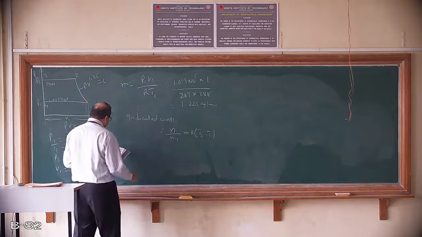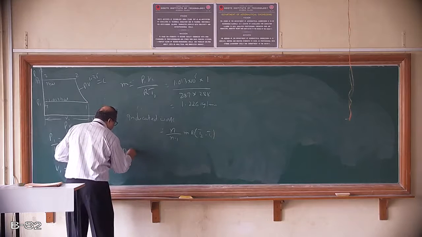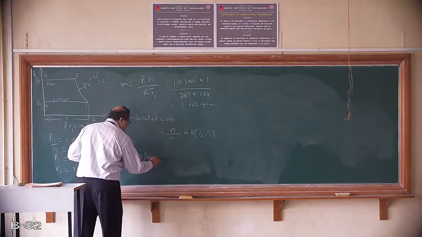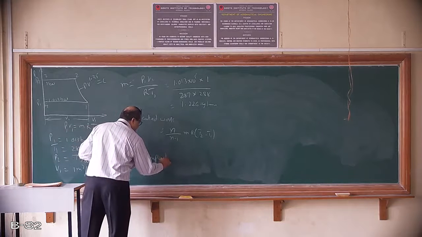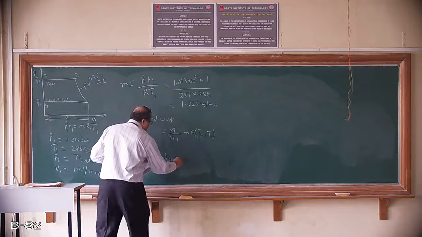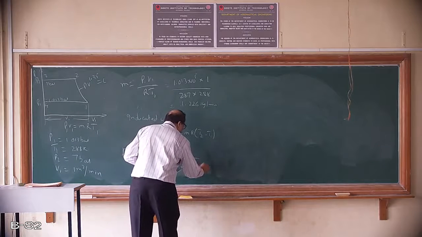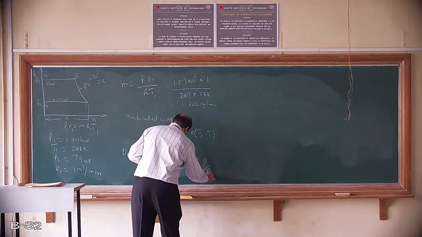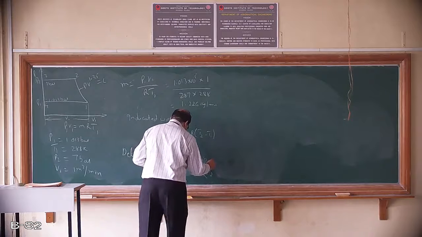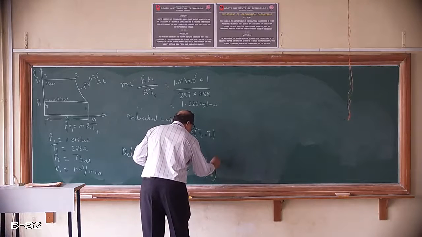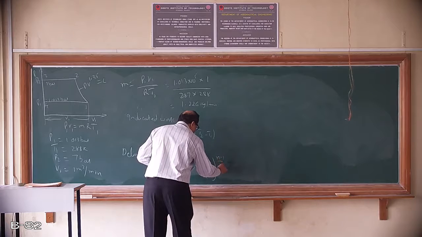How to calculate T2, the delivery temperature? T2 is equal to T1 into P1 by P2. Sorry, this should be P2 by P1, to the power n minus 1 by n.